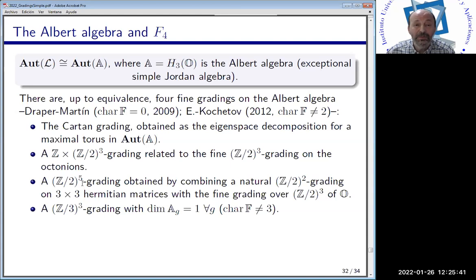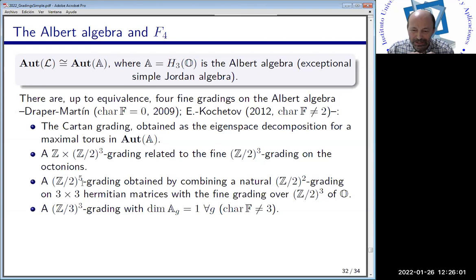Or we can think of the Albert algebra as constructed not with octonions, but with another class of composition algebras, the so-called Okubo algebras. And Okubo algebras have a natural fine grading by 2 copies of the integers modulo 3.